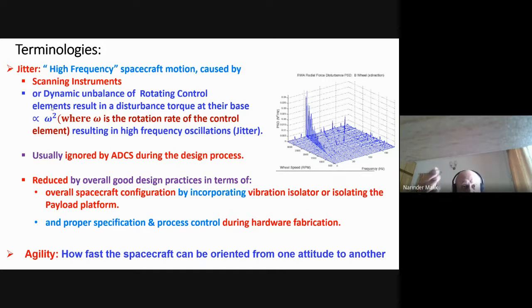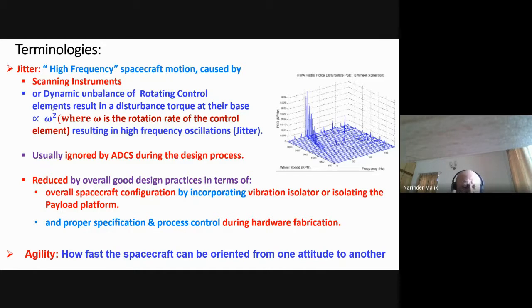So that will also be affecting the body. This may also be detected by the gyros, and that is fed back to the control system. So that also will be causing a problem. But what is happening is, during the ADCS design process, it is generally ignored.